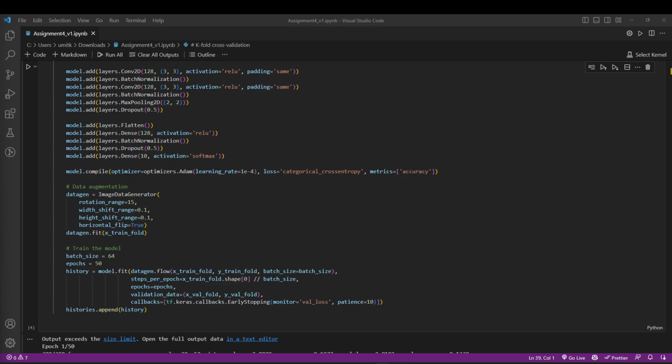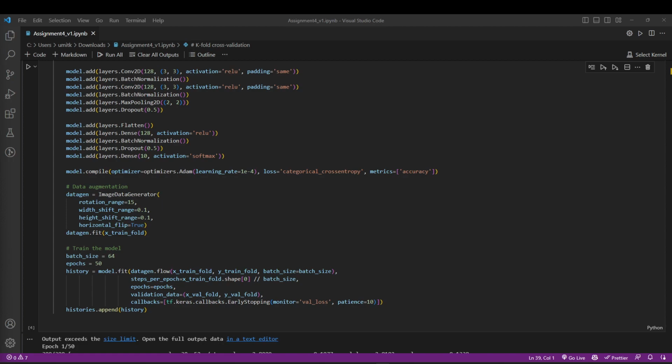And then we move on to the training. We train the model using a batch size of 64 and 50 epochs. Early stopping is used as a callback, stopping the training if the validation loss does not improve for 10 consecutive epochs.